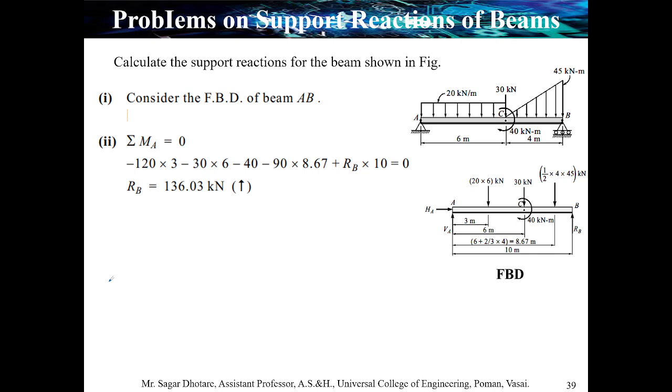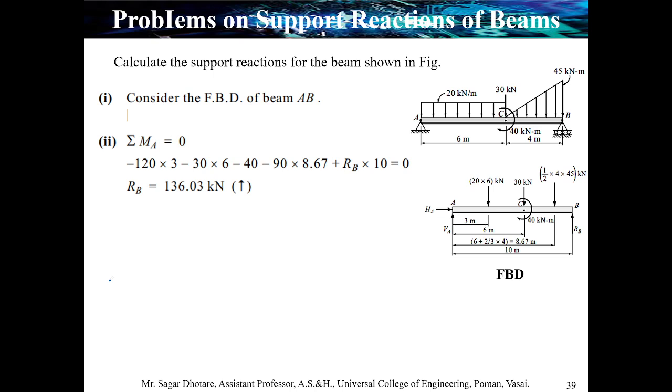So minus 120 multiplied by 3. Second, the force 30 kilonewton at a distance of 6 meter. Again, it is in a downward direction on the right side, so it is also negative. So minus 30 into 6.